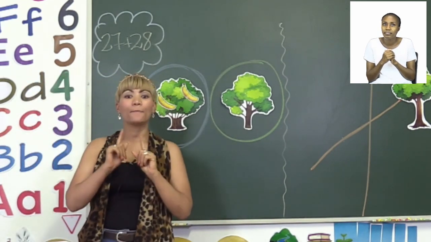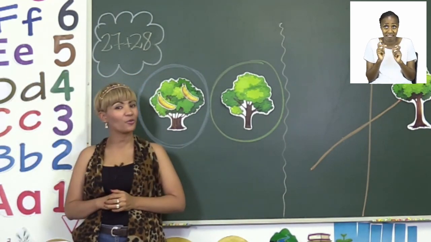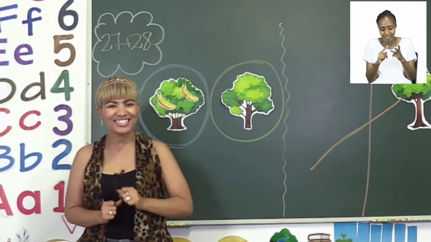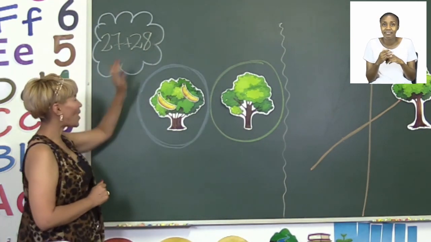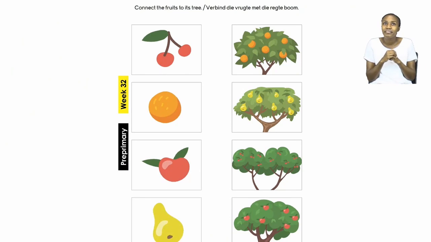Now everyone, before you go ahead and circle all your trees, let's quickly see what we have to do on page 28. Now here on page 28 it says that we have to connect the fruits to its tree.